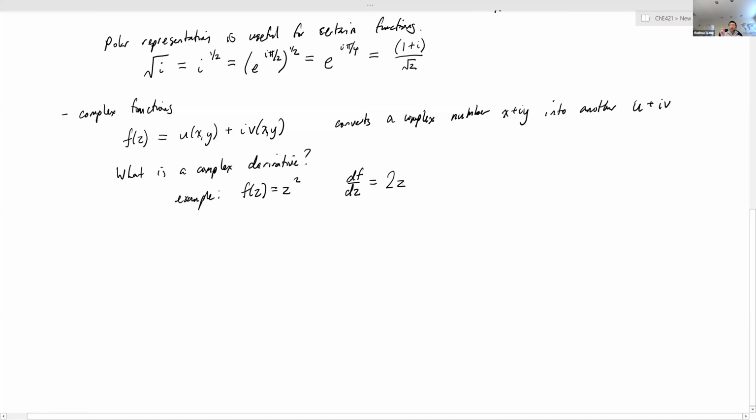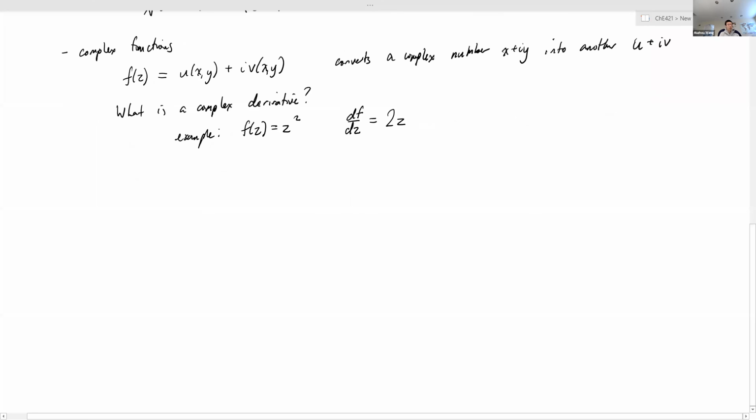Okay, but Adrian, you got into something that's really important, because basically f is actually two functions that depend on two variables.